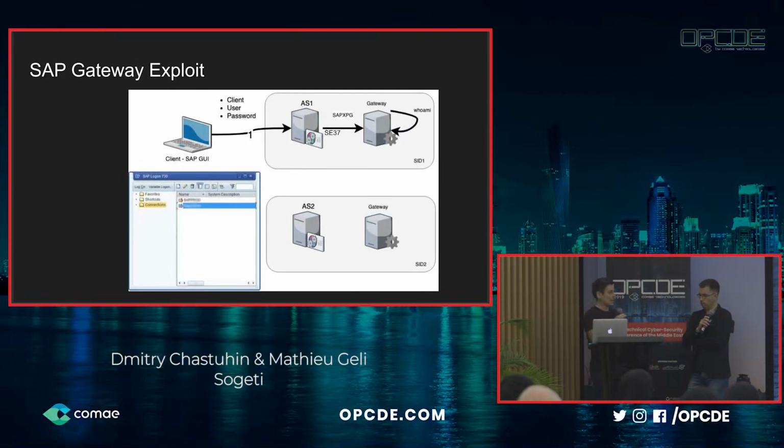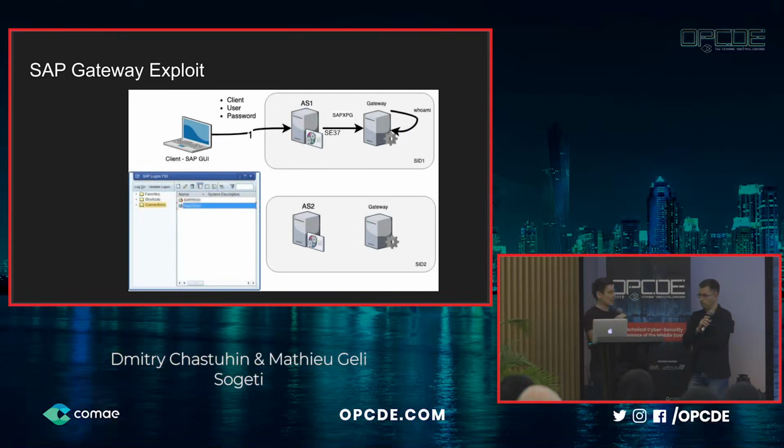That means that we could somehow sniff traffic between these 2 systems and try to replace them, just send from our attacker's machine. That's how we did it, and we successfully executed code on gateway without any authentication, without any problems.